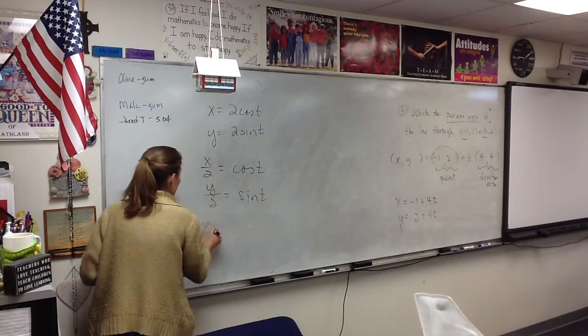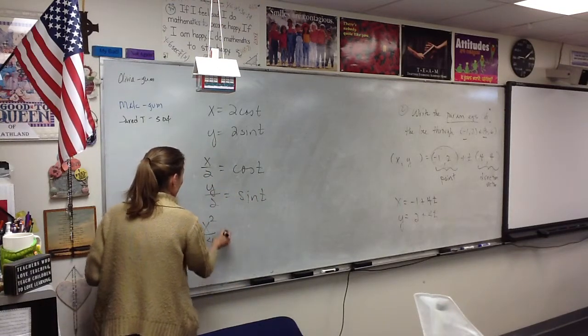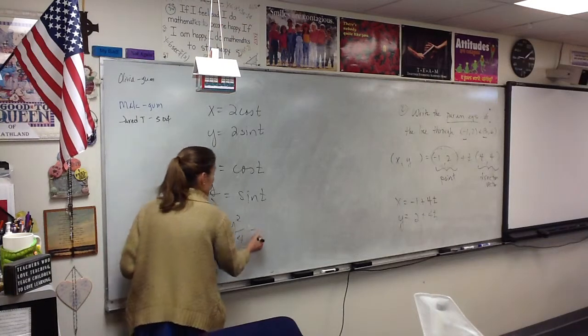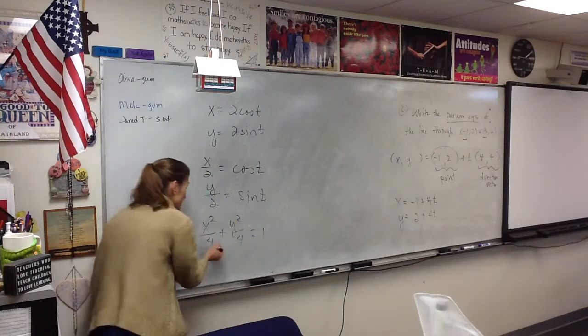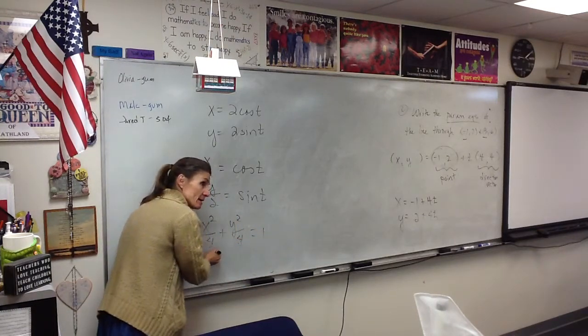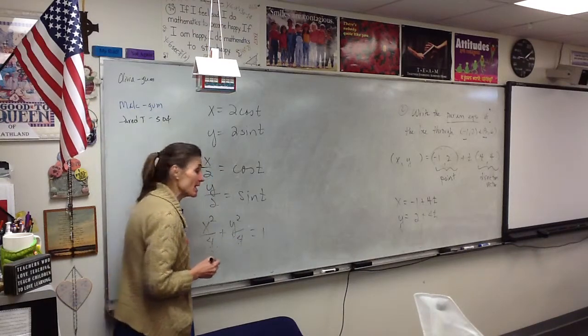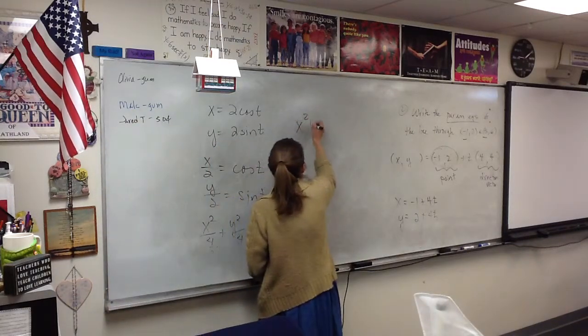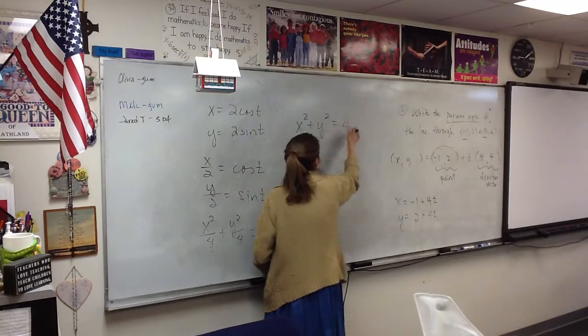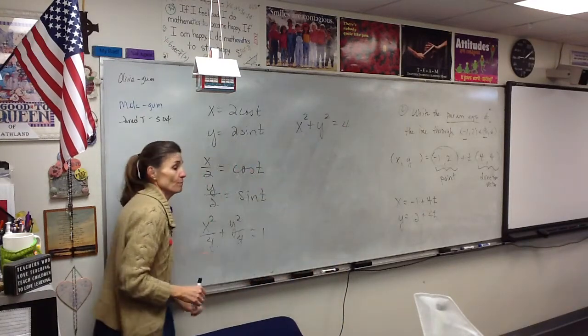When I square everything and add, I'm going to get x squared over 4 plus y squared over 4 equals 1. See how these two numbers match? We just talked about it. When those two numbers match, we have a circle. So it's a circle centered at the origin with a radius of 2.